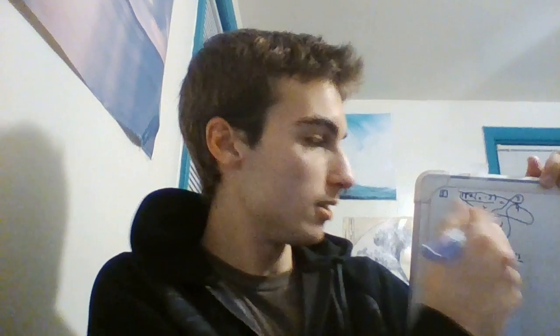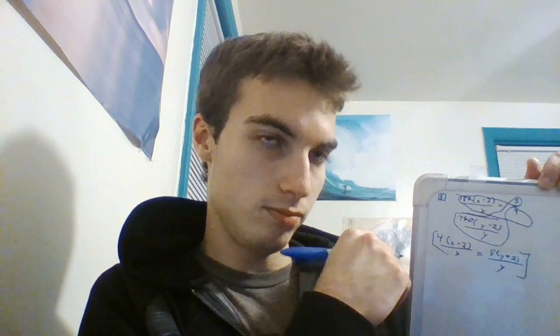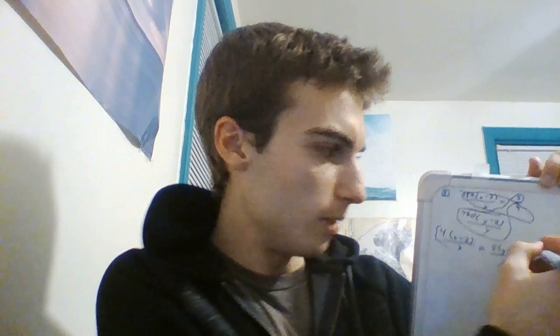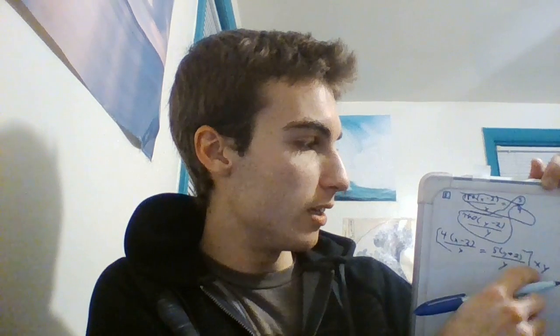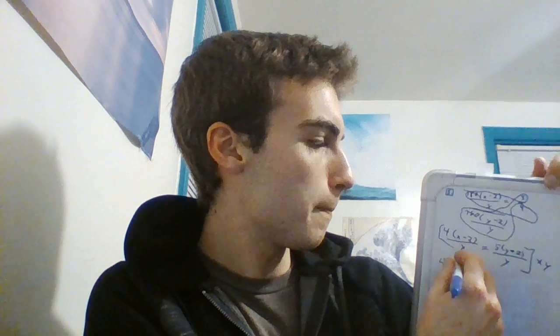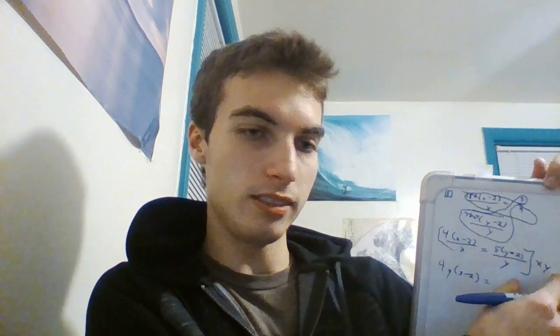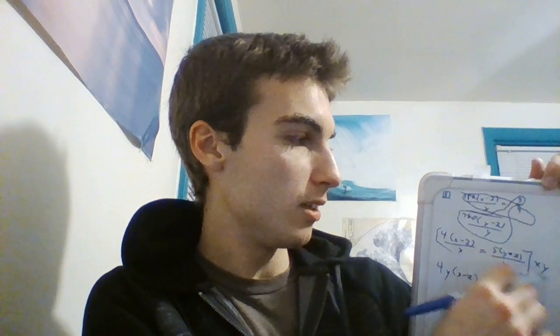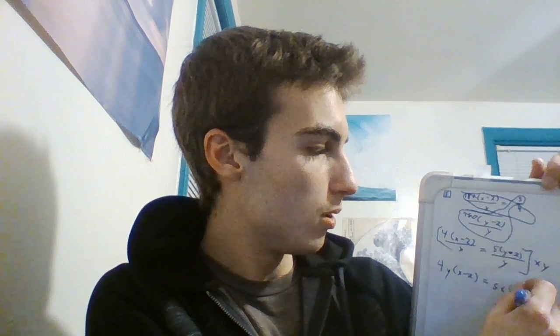Now to get rid of these denominators, I'm going to multiply by the least common denominator, LCD, xy. So we got an x over an x here, so those x's would cancel and we'd be left with y times the quantity x minus 2. And similarly here, the y's would cancel and we'd get 5x times y minus 2.